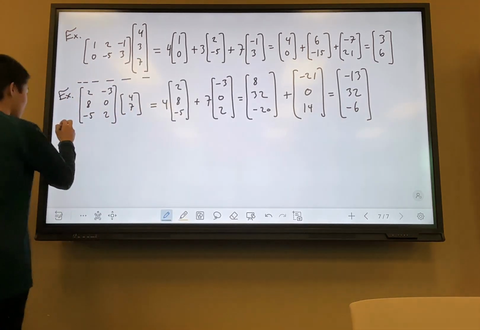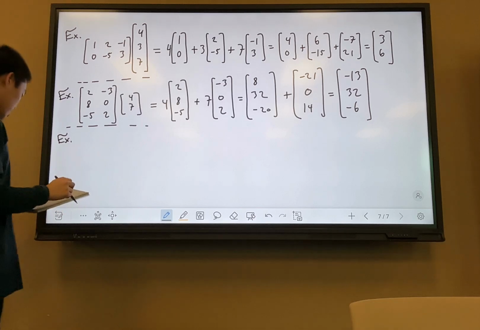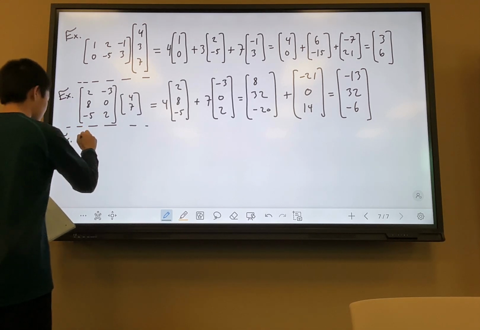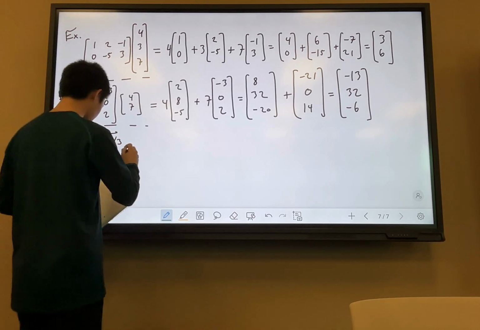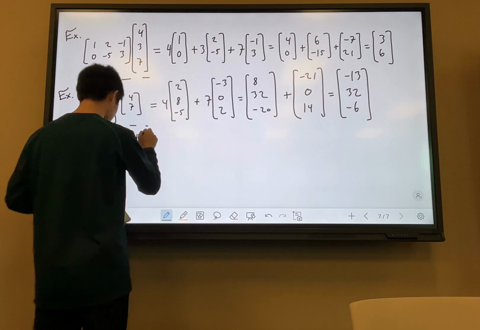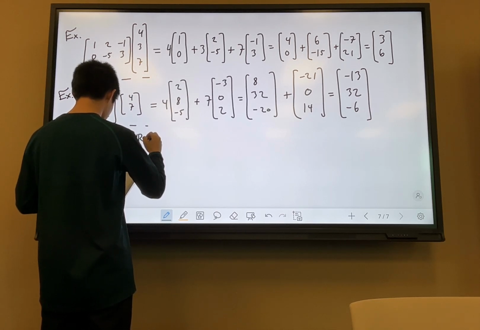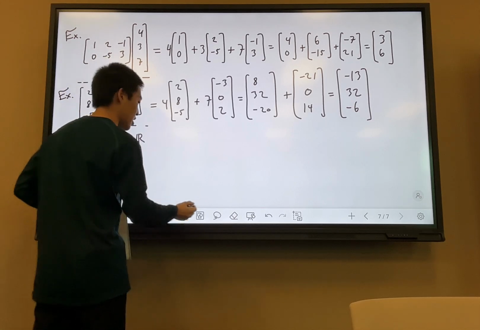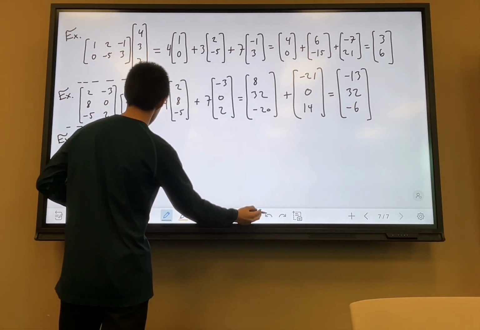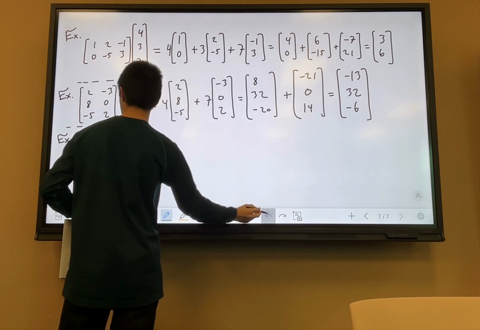Here's another example. The relationship between all of the perspectives is important. So if I have vectors v1, v2, and v3, let's say that they have, sorry, okay.